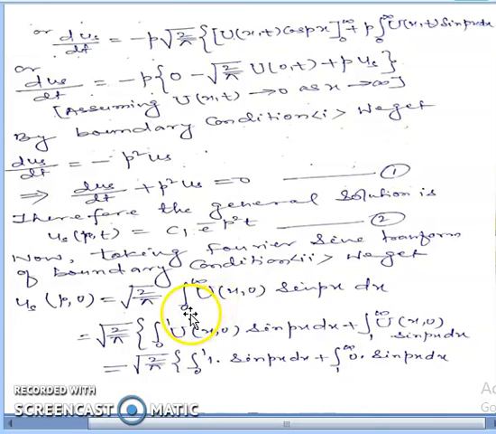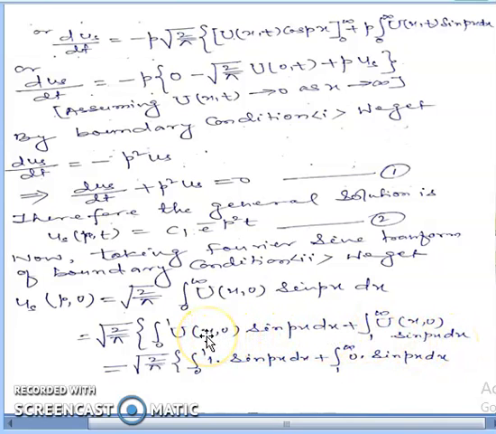Now it is given, the limit 0 to infinity becomes 0 to 1 and 1 to infinity, so √(2/π) times the first integral from 0 to 1 of u(x,0) sin(px) dx, and the second part is 1 to infinity of u(x,0) sin(px) dx.